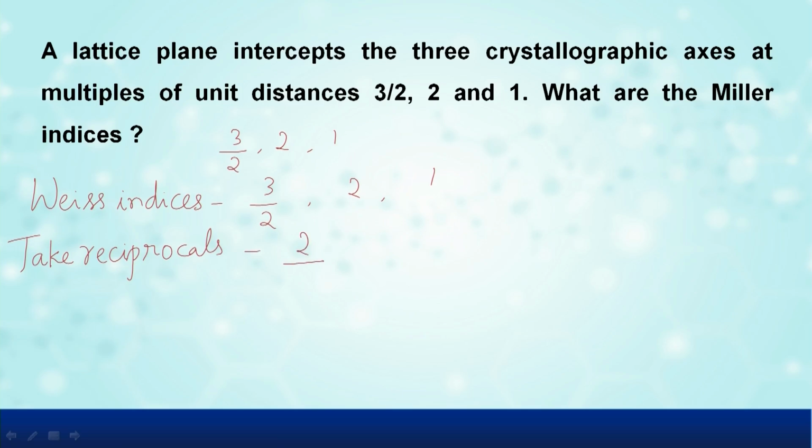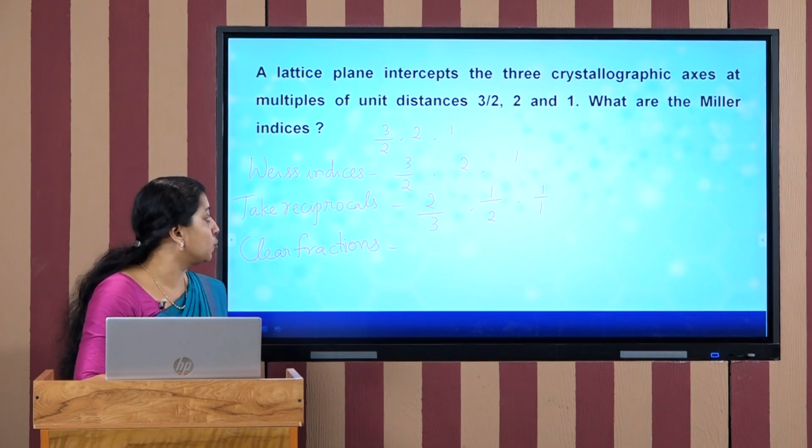So, the first one will be 2 by 3, the second one will be 1 by 2, the third one is 1 by 1. Okay. Now, the next step, we have to clear the fractions in order to get the Miller indices. So, we have 2 by 3 and 1 by 2, and the last one is 1.